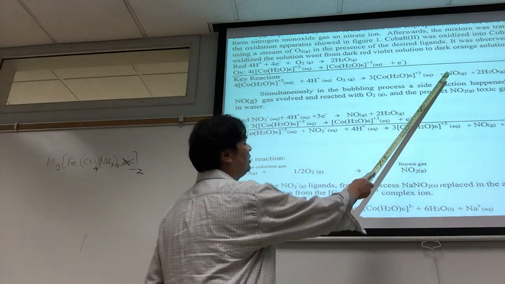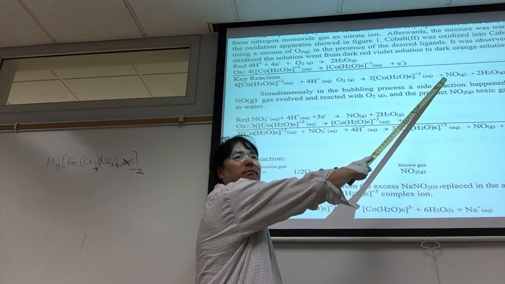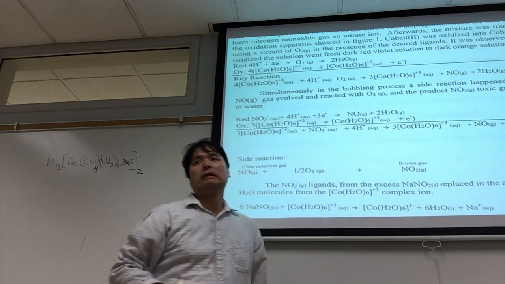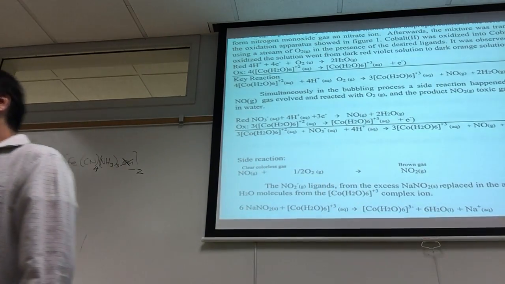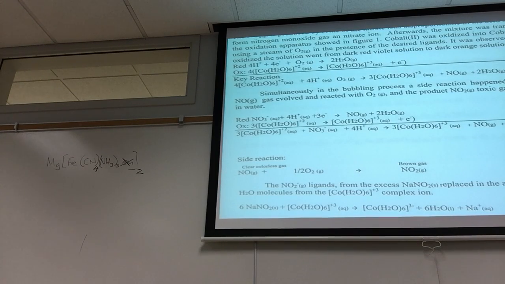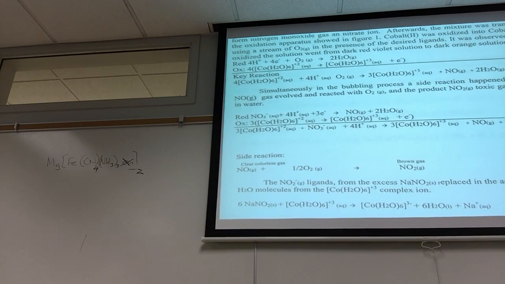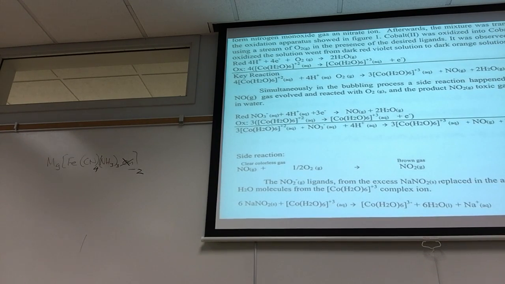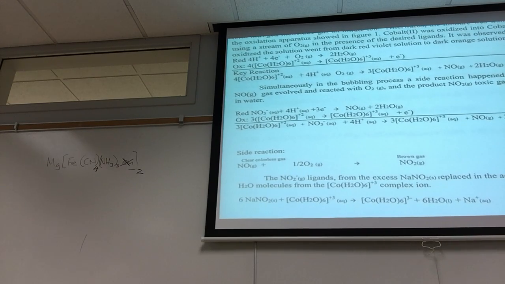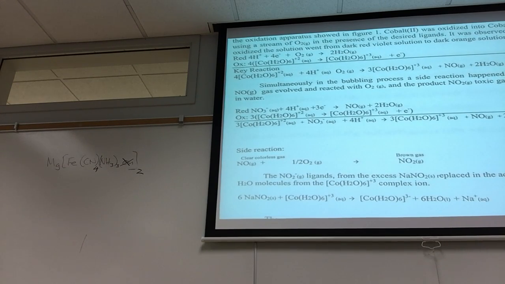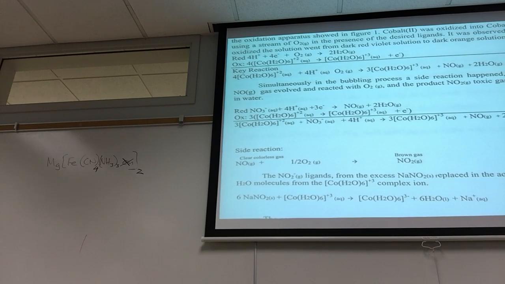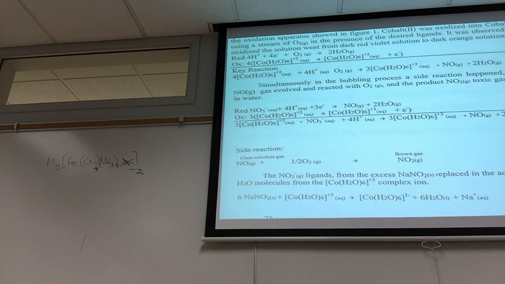And so where did these nitrogen atoms come from? I know what it is, because these equations aren't in the lab manual. The equations aren't in the lab manual, and they don't bother writing them off the board.